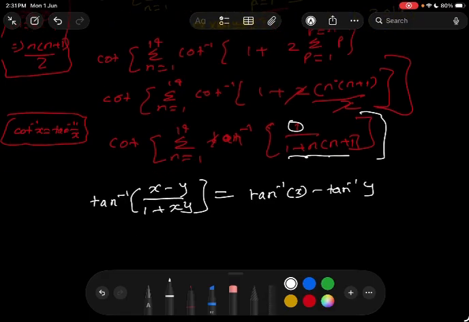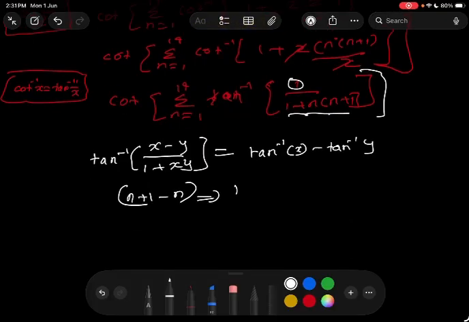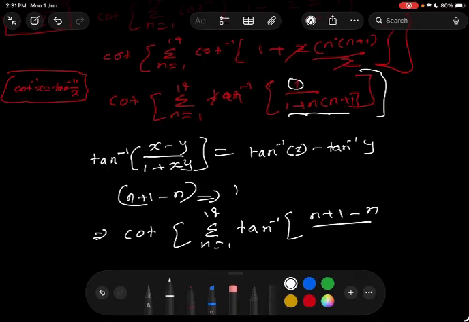Alright, so how do we get 1 from this down thing? We can do n plus 1 minus n, can we not? It is going to give us 1. So we are going to get cot of summation n equal to 1 to 19 tan inverse of n plus 1 minus n by 1 plus n into n plus 1.